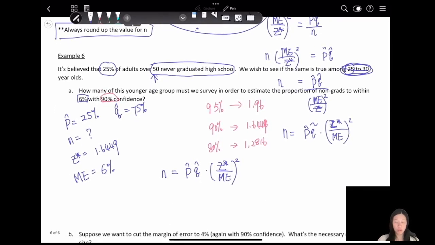Now we have all the information we need, so we just plug it in. p hat is 0.25, always convert this to a decimal, times 0.75, times the z-score 1.6449, over the margin of error 6%, which is 0.06, squared.